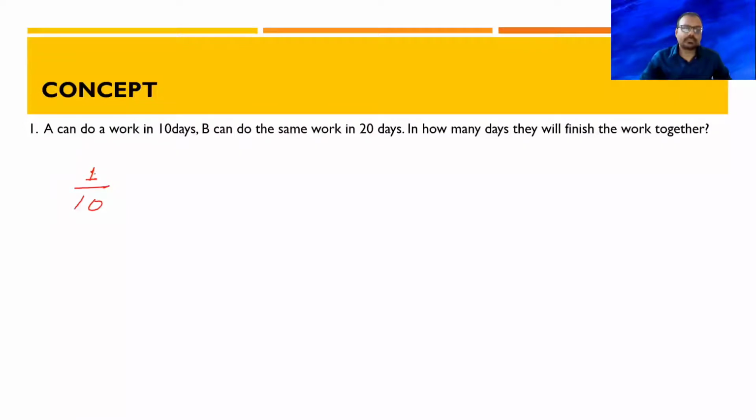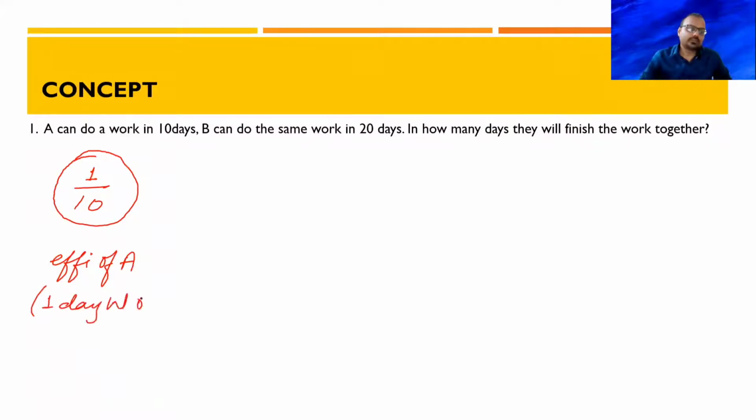This 1/10 is called the efficiency of A, or it is also called 1 day work of A. What is this one? This one signifies our work. What is this 10? This is days. So this is one work in 10 days, that is the efficiency of A.